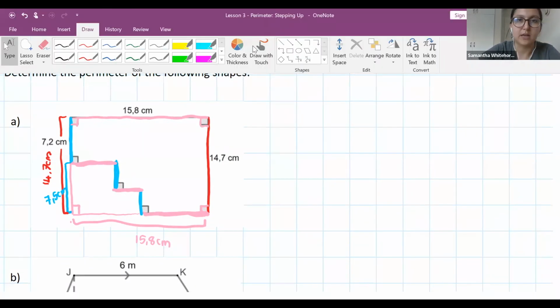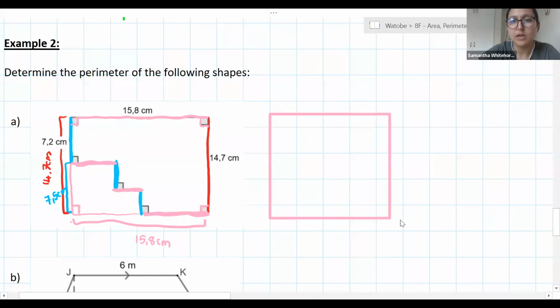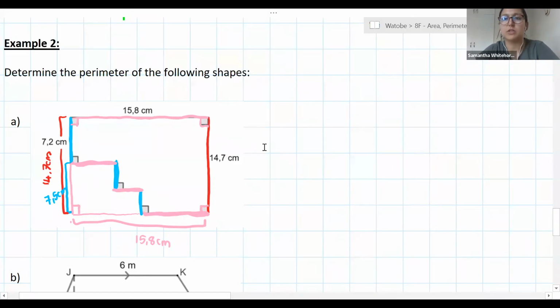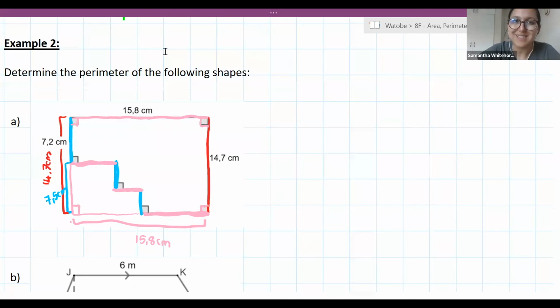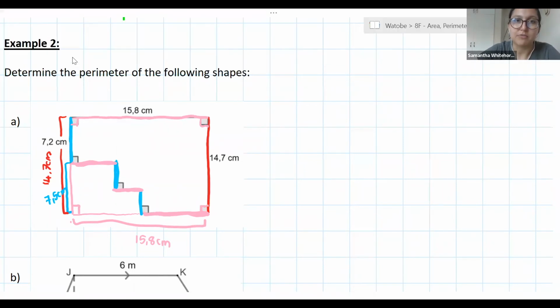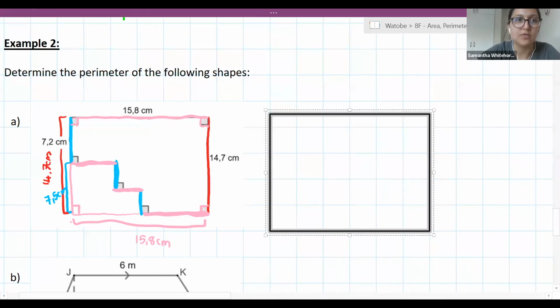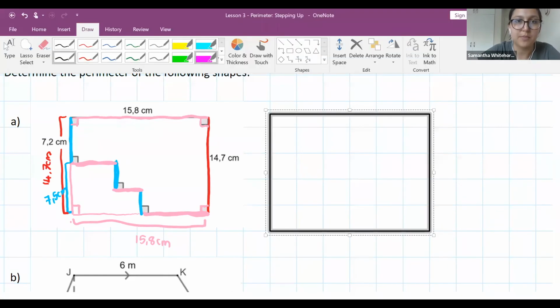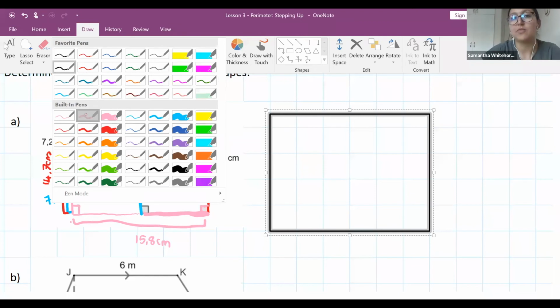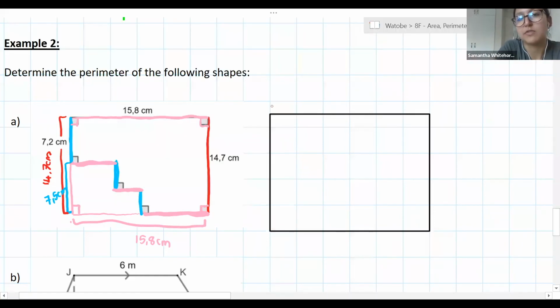And so what I can take away from this whole shape is that even though it looks like steps, and even though it doesn't look like a perfect rectangle, because of all the lengths making up the shape, what I actually have is the dimensions of a rectangle. The top and bottom lengths together are 15,8 centimeters.